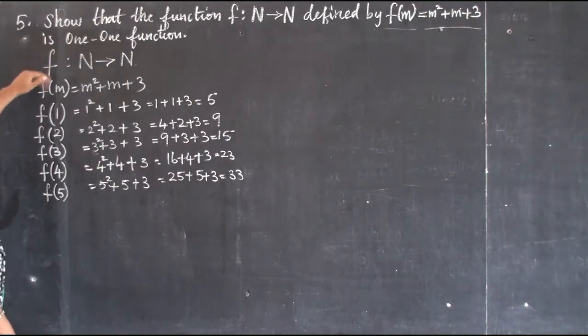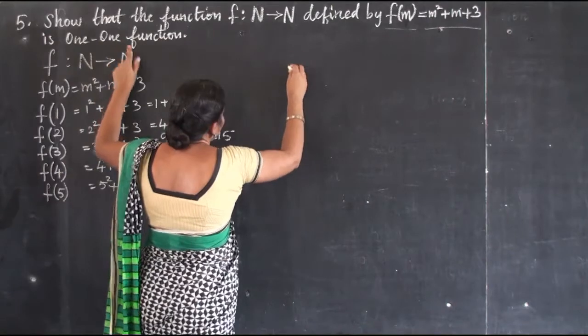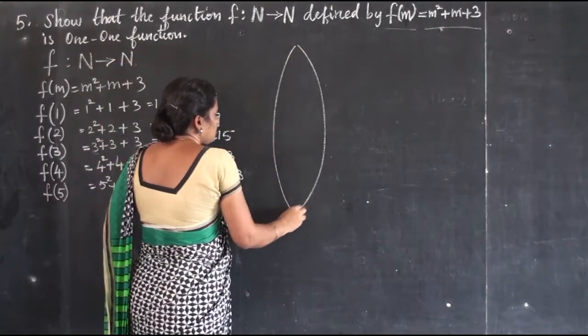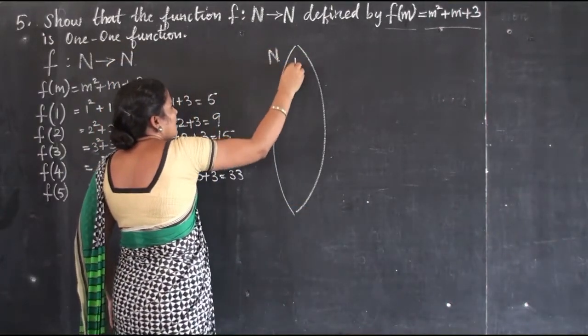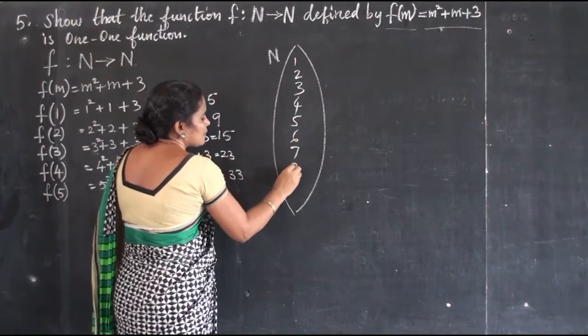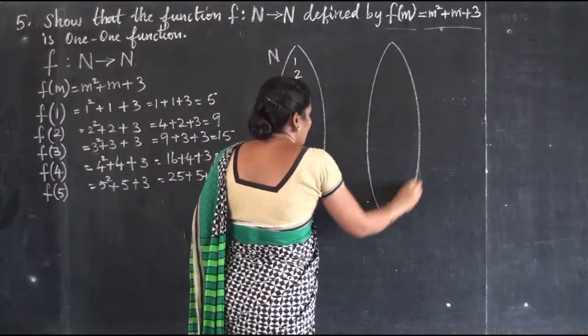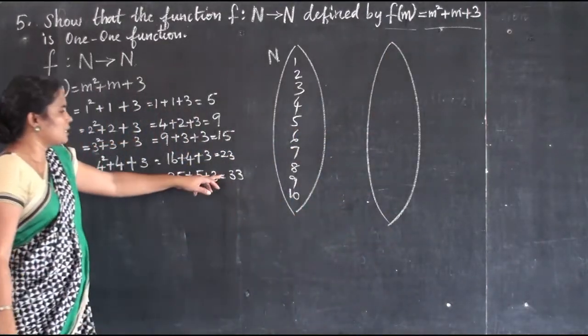Here, by using an arrow diagram, we can easily find out whether it is a one-to-one function. As it is a natural number, the elements start from 1, and here it is up to 33.